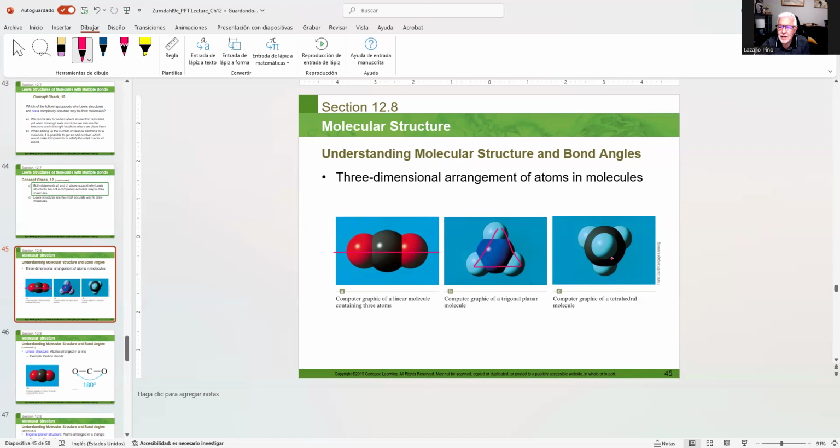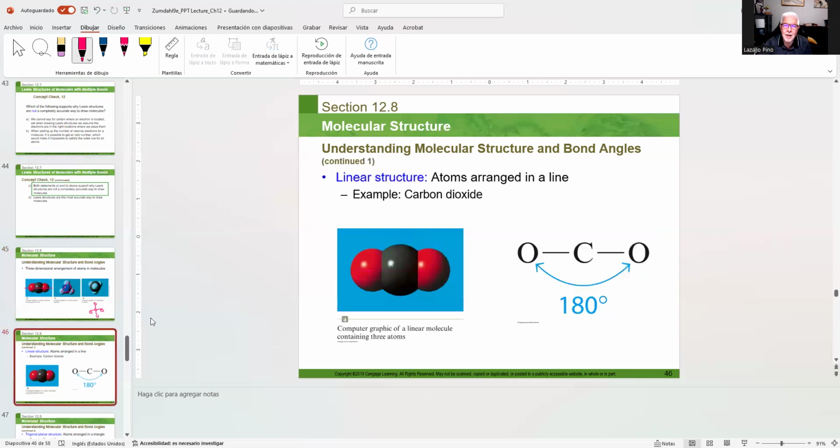And here we have the tetrahedral that has one atom in one direction, one in the other, one in the other, and one in the other, you have at least the 3 dimensions. So this is tetrahedral. These are 3 types of arrangement of the atoms in space.